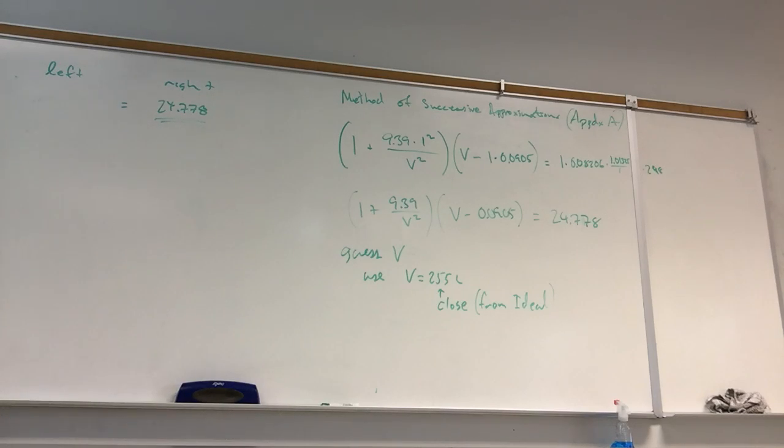The target was what? On the right side, we had as our target the 224. Ooh, that's off too. That's way off. 24.778. NRT.